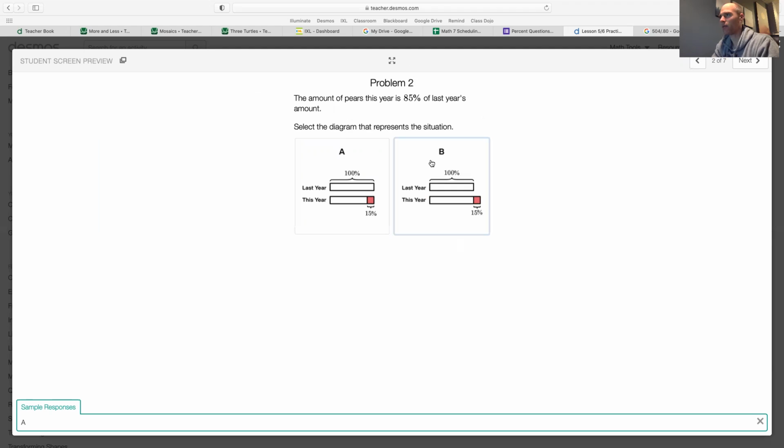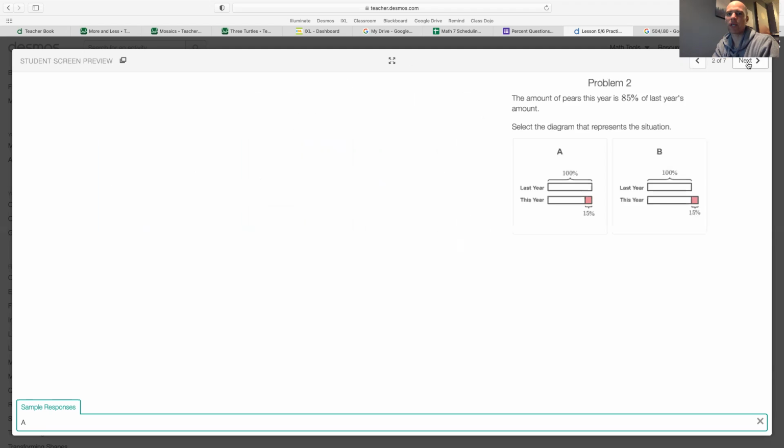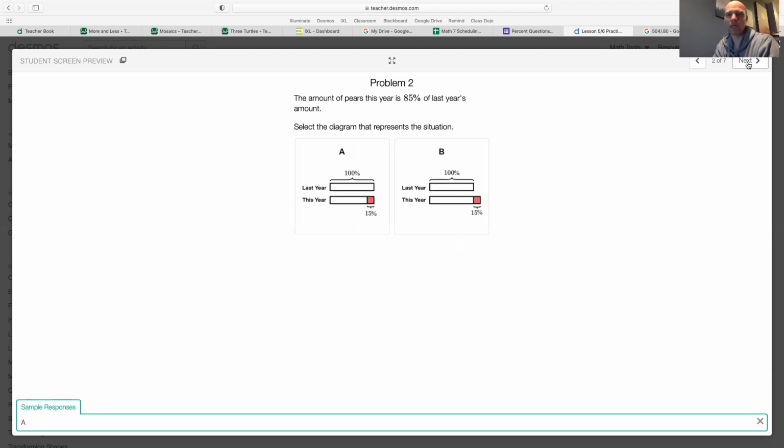Okay, and so looking at the second one, it's like the exact same thing, just worded differently, right? It says the amount of pears this year is 85% of last year's amount. Well, 85% of last year's amount is exactly the same as saying it decreased by 15%, right?